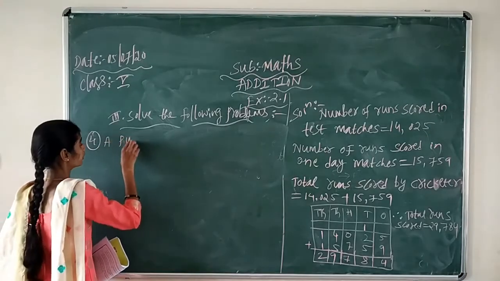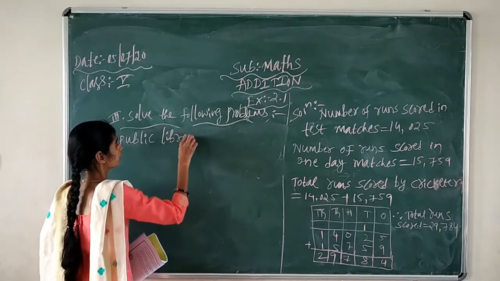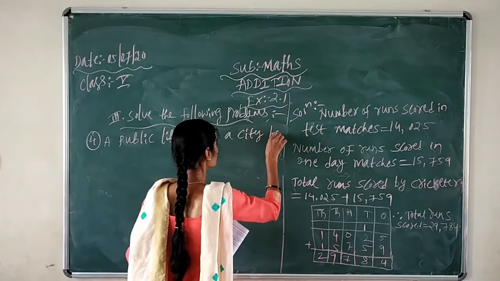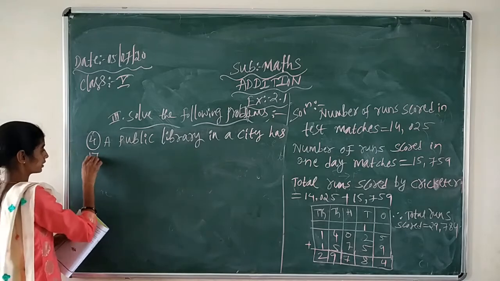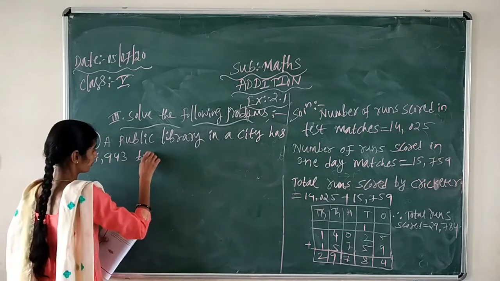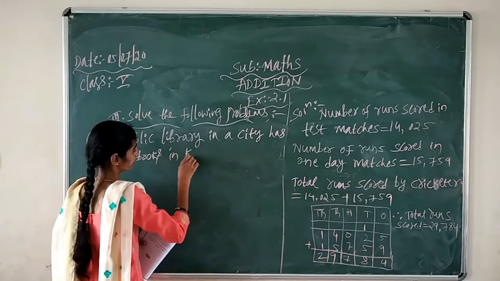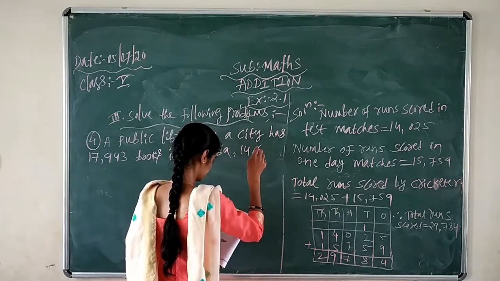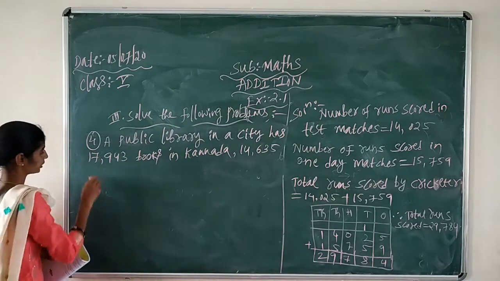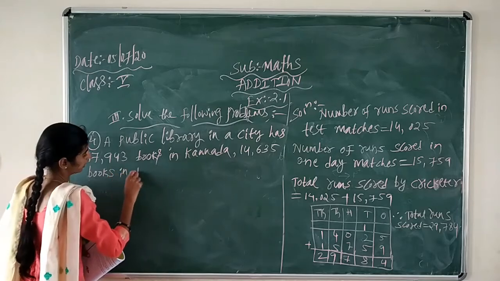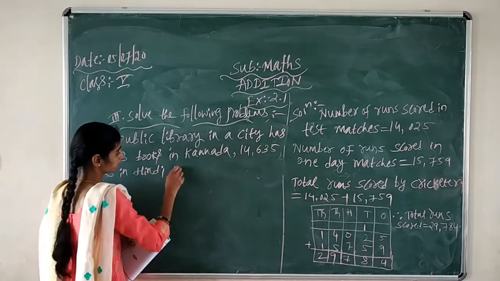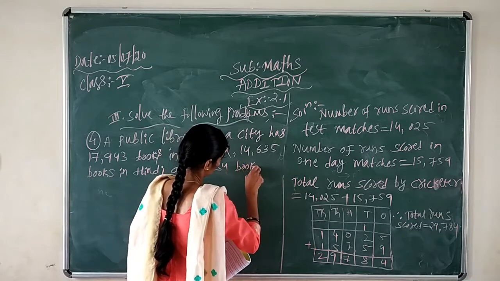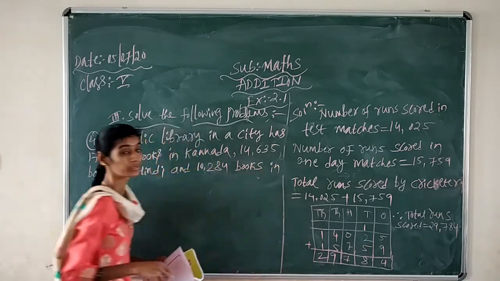A public library in a city has 17,943 books in Kannada, 14,635 books in Hindi, and 10,284 books in English.